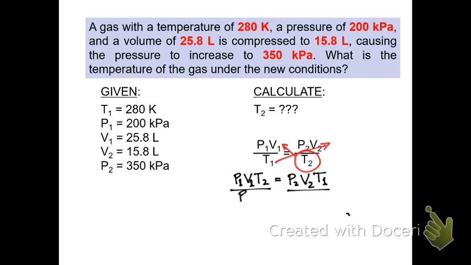You see how P1 would cancel with P1, V1 would cancel, and now you're left with the equation for T2.